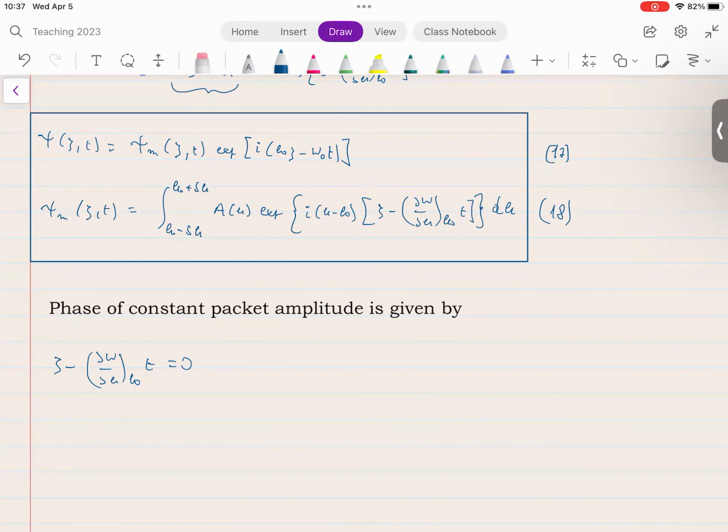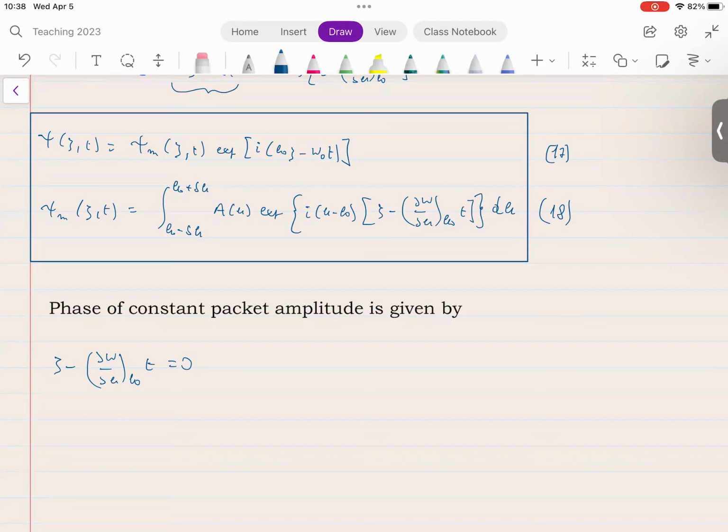That's the condition if I set this equal to 0 or to a constant. Regardless of where I am in space and time, I'm going to see the same amplitude, the original carrier.